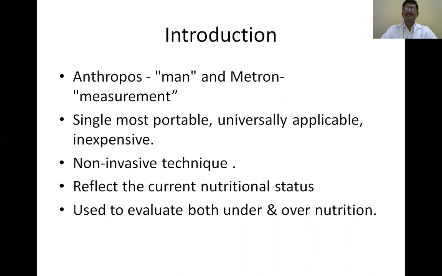So with simple things, we can make certain measurements from which we can make certain inferences and assess the growth. It is a non-invasive technique, wherein we don't put anything into the body.